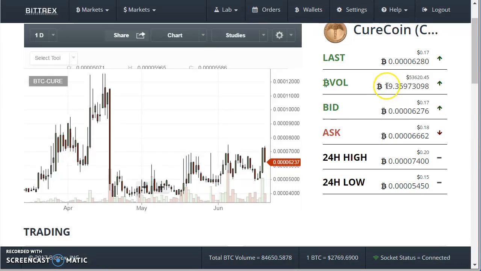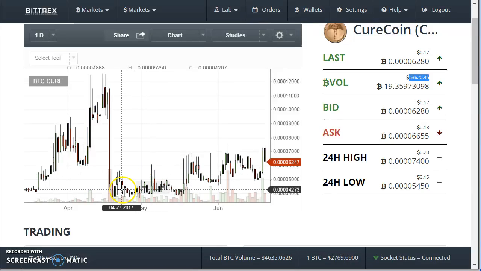But when I look at how many Bitcoins have been traded, in terms of the dollar value of the total number of CureCoins denominated in Bitcoins, out of all the trades for the past 24 hours, there's been $53,000 exchanged in CureCoins between buys and sells. So that's what that means.